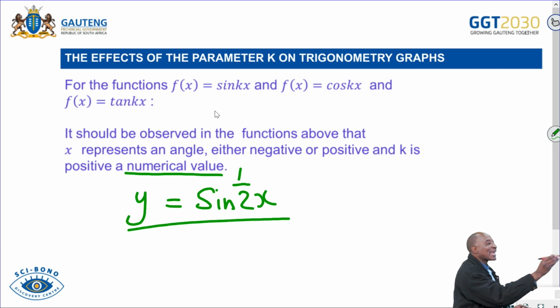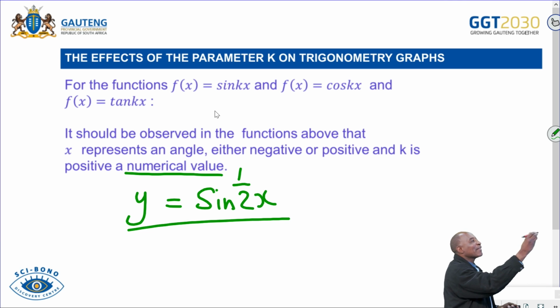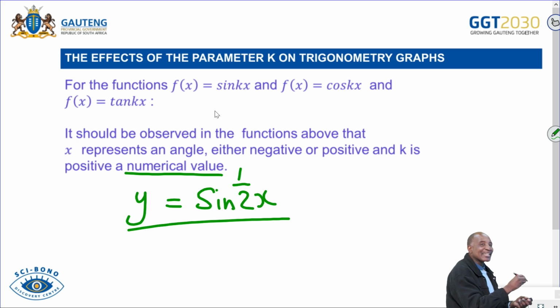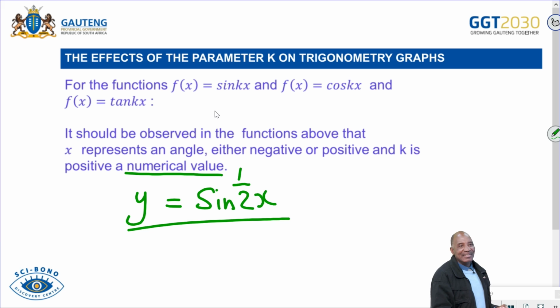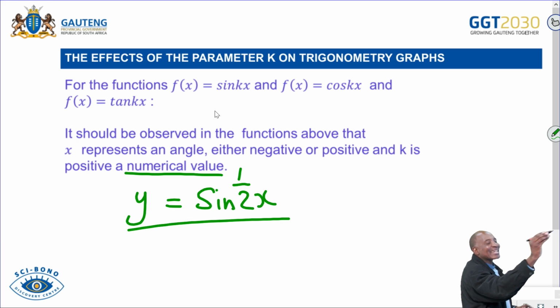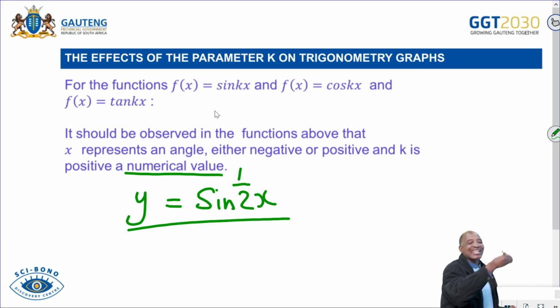That's what we mean by a parameter being a value that you introduce to the angle or to the function to change it, to transform it from a basic, standard graph to a transformed graph. These are transformations. They affect the graphs in a particular manner.